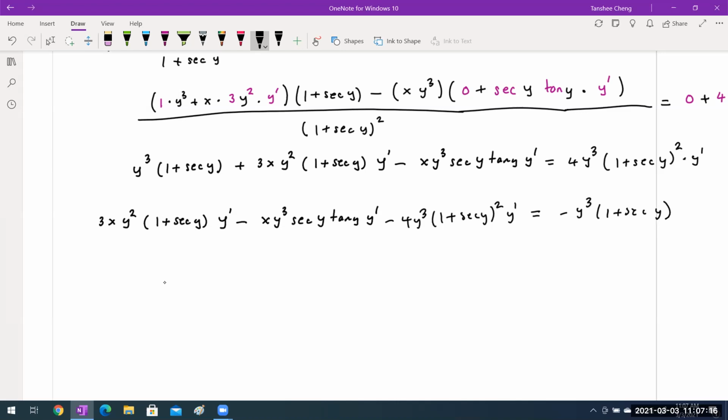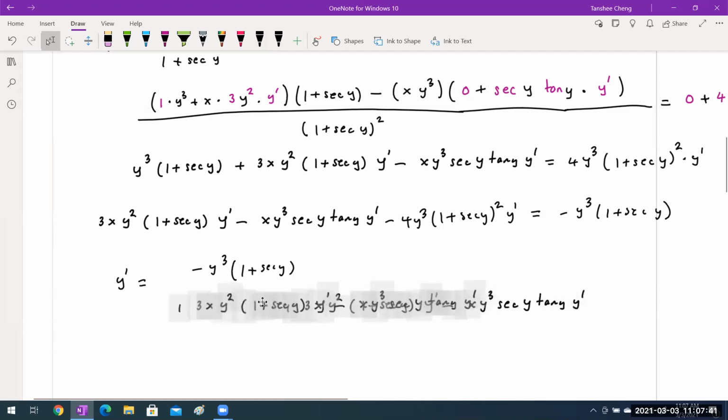So now factoring out y prime and then dividing everything by what's left over, that will give us y prime is equal to minus y to the third power and then 1 plus secant y, and then all over the whole thing right here, right?